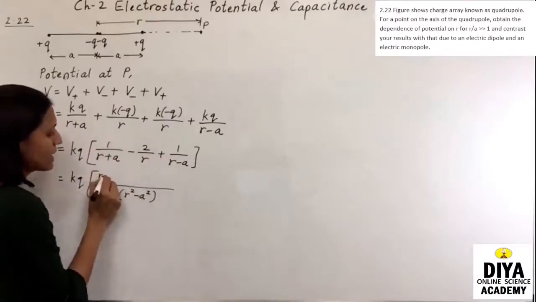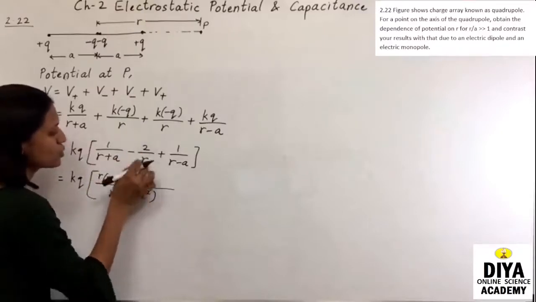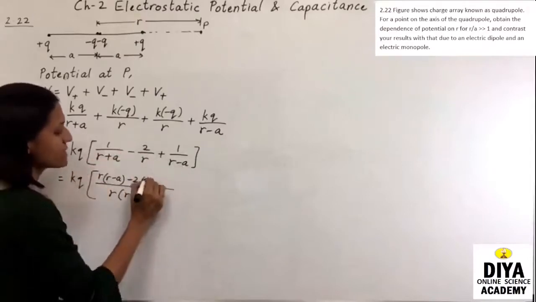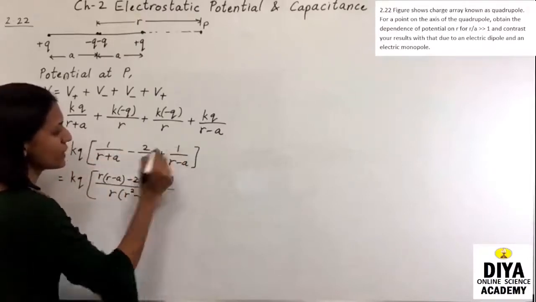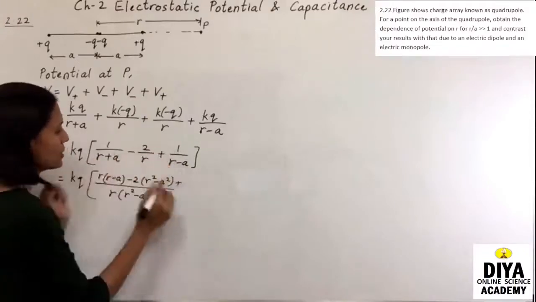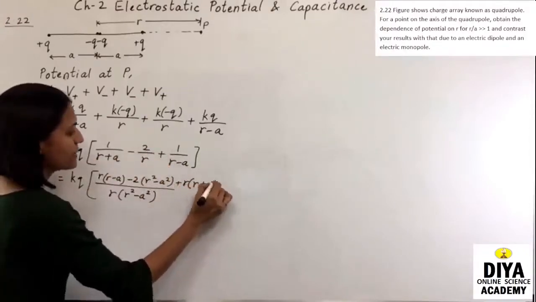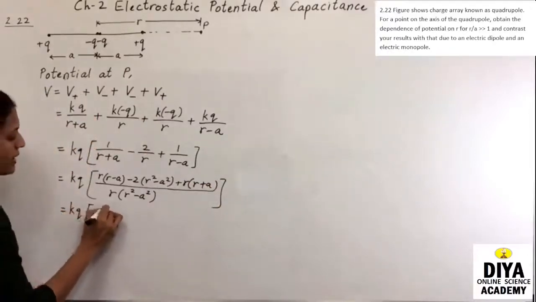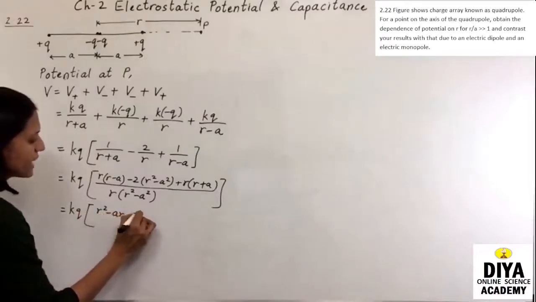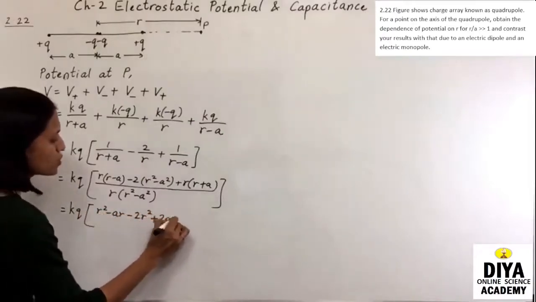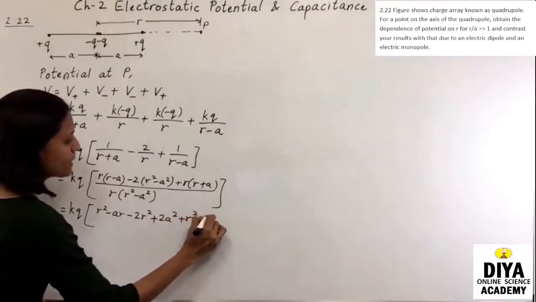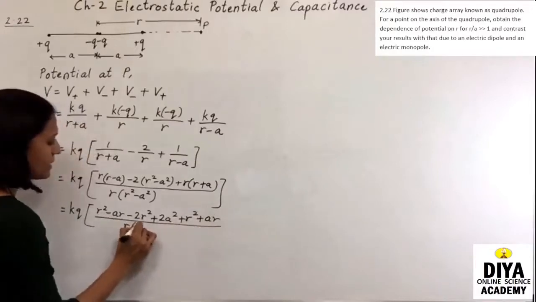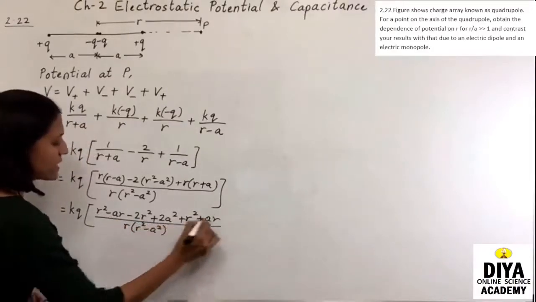So R into R minus A, minus 2, this term should be multiplied by these two, that means R square minus A square, R square minus A square, and this one with these two, R plus A, equals KQ upon R square minus AR minus 2R square plus 2A square plus R square plus AR upon R into R square minus A square.